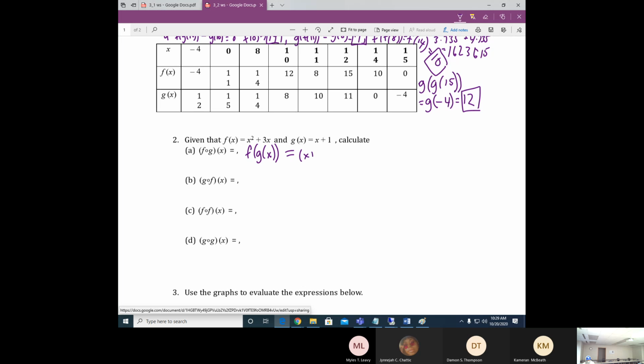Okay, so I get x plus 1 times x plus 1. How did you know to square it again? Because f of x is taking its input and squaring it. And now I'm adding plus 3 times its input, which is g, times x plus 1.